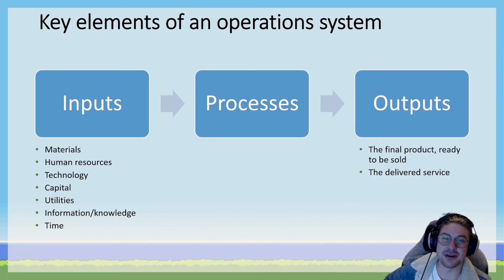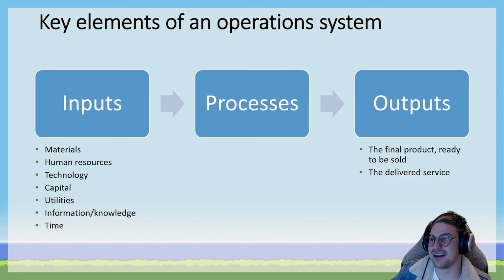Now, the second key element of an operation system is the processes. The processes are whatever happens to take those inputs and turn them into whatever it is that you sell a customer. It should be pretty easy to guess then that outputs is what it is that you sell a customer. For a manufacturing business, this is pretty obvious.